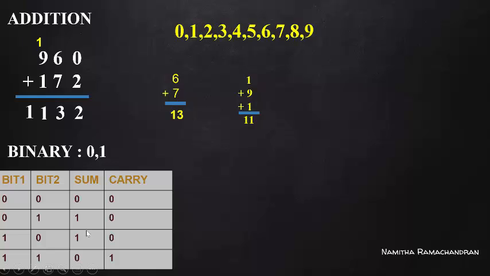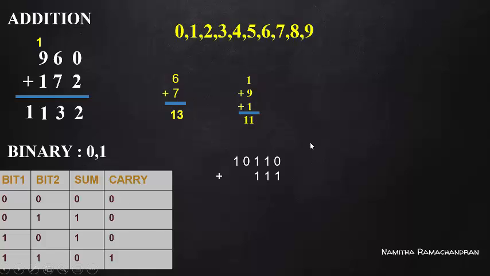So the unit value 0 is placed in the sum position, and the 10th position value, that is 1, is passed as a carry to the next level. That is why, while adding 1 and 1, we get sum 0 and carry 1.